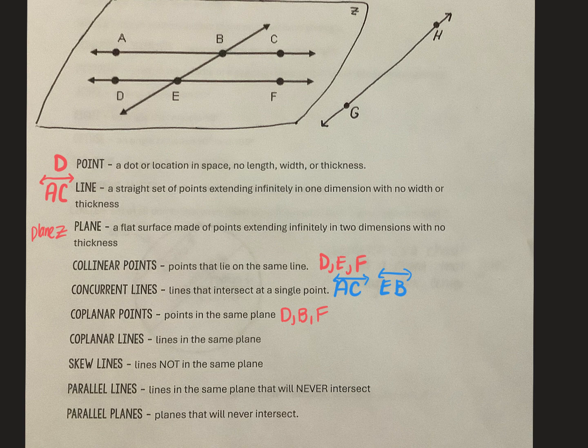AB and BC. I mean, those are kind of the same line, but... So, let's go with line AB and what else? Another line in that plane. Pick one. BE. BE, that works, okay? Just any 2 in that same plane, so in plane Z. Again, lines, capital letter with a line over top.